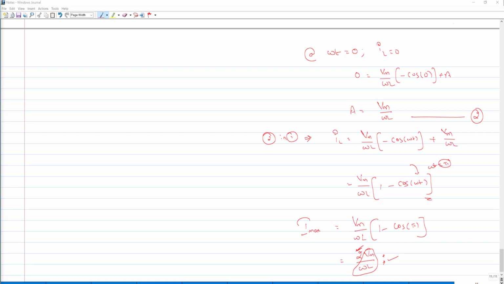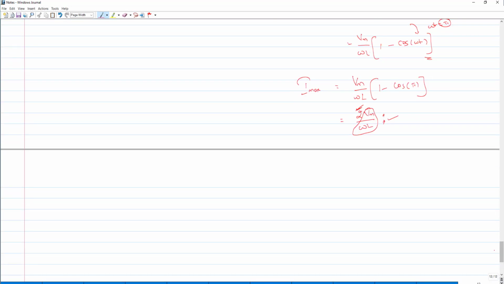Now if you want to find the RMS value, it is quite easy. How do we find the RMS value? IRMS is equal to 1 by 2 pi integral 0 to 2 pi of Vm sine square omega t d omega t.